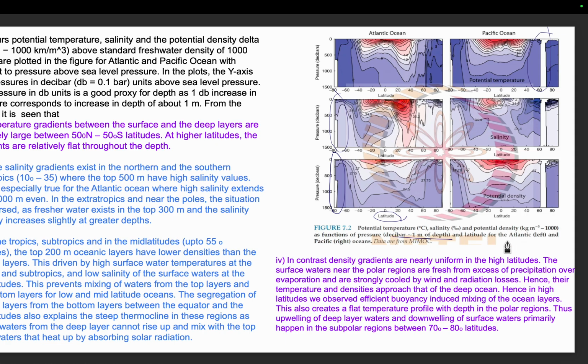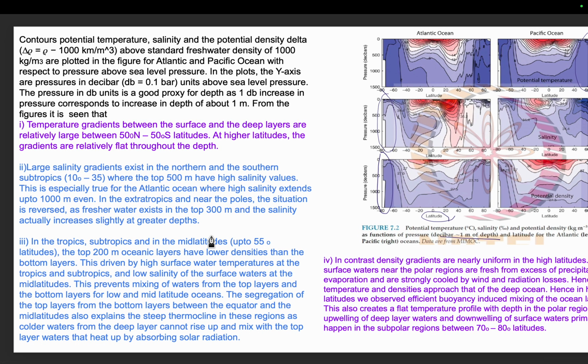Here the plots of the potential temperature, potential density and the salinity have been shown against pressure and latitude for the two oceans, the Atlantic Ocean and the Pacific Ocean.